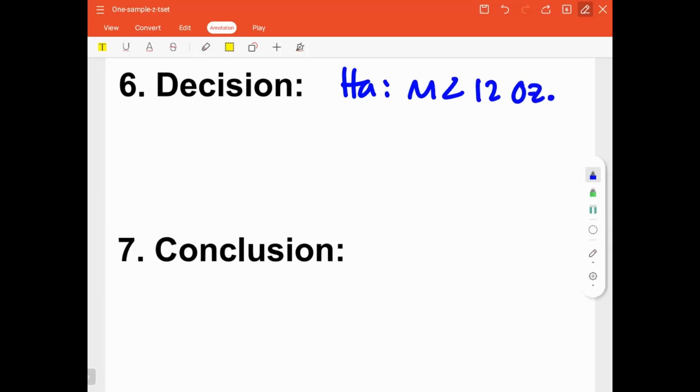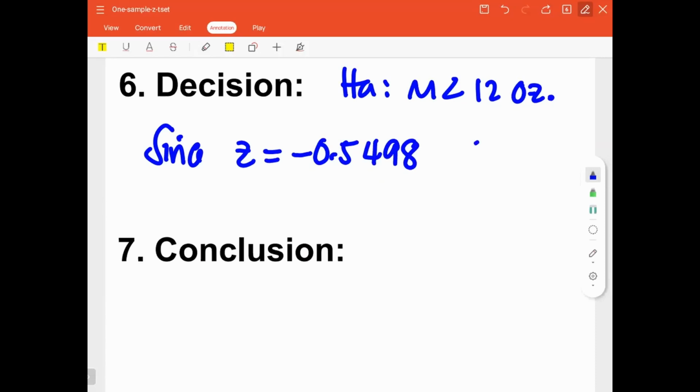So given the computed value of the test statistic and the critical value, we would then say, well, since the computed value of the test statistic, which is equal to negative 0.5498, is compared to this negative z of alpha, which is equal to negative 1.28.